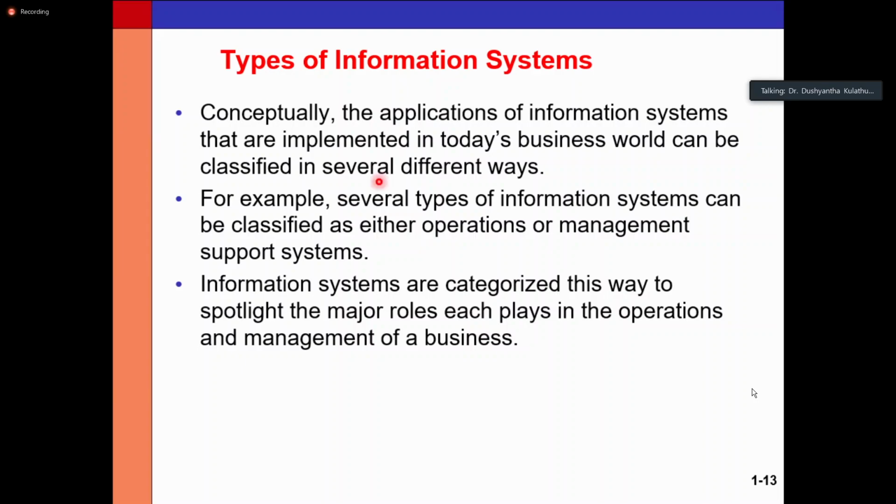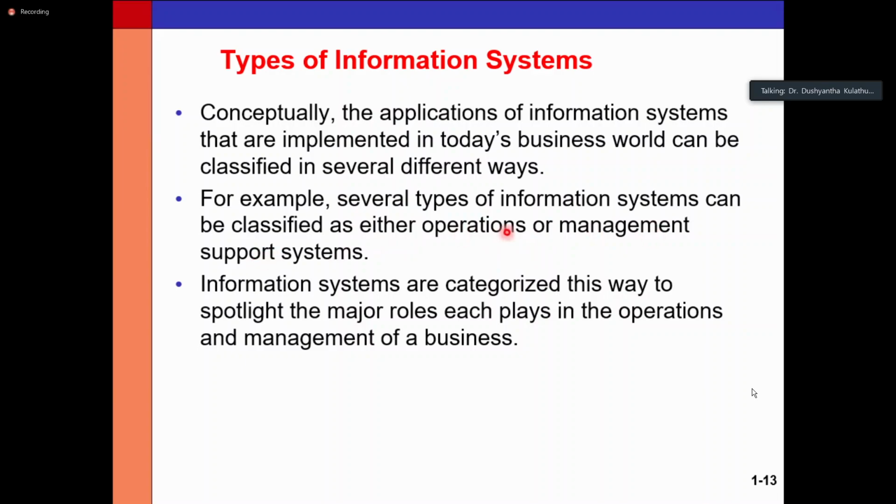Now, again, there can be different types of information systems used within organizations. Here the authors use the term specifically, "several types of." That means there can be certain information systems which may not fall into this particular classification. So therefore, several types of information systems can be classified as either operations or management support systems.